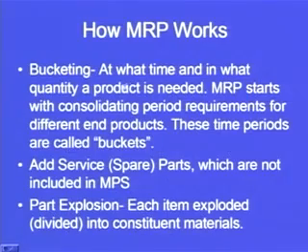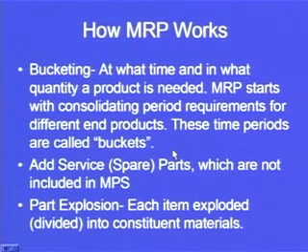The first term to understand is bucketing: at what time and in what quantity a product is needed. MRP starts with consolidating period requirements for different end products. These time periods are called buckets. It adds services or spare parts which are not included in the MPS.